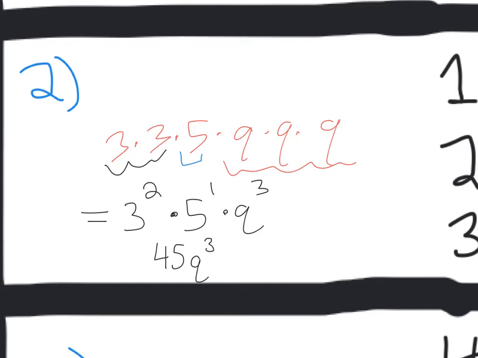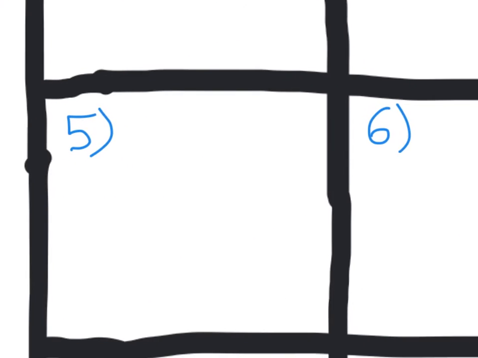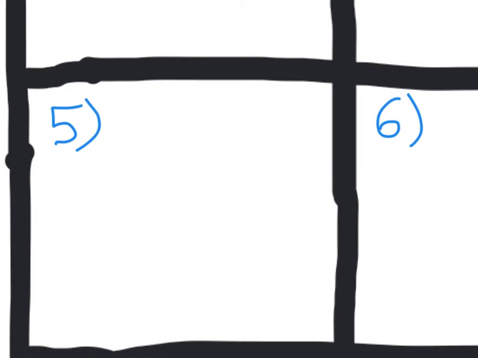Alright, moving right along, let's go ahead and look at number 5. We did something similar to this in class, but I just want to try it again. So we've got 1/3 raised to the 4th power, and all that means is we're going to have 1/3 times 1/3 times 1/3 times 1/3. We can multiply that out.